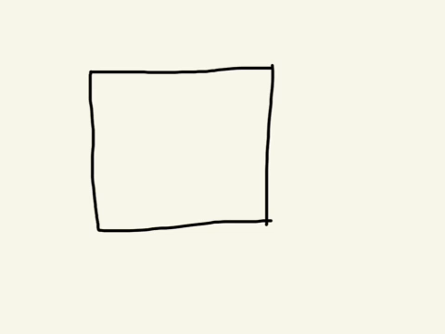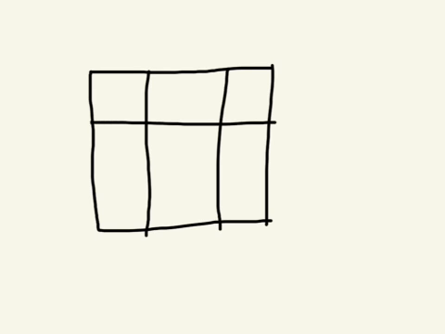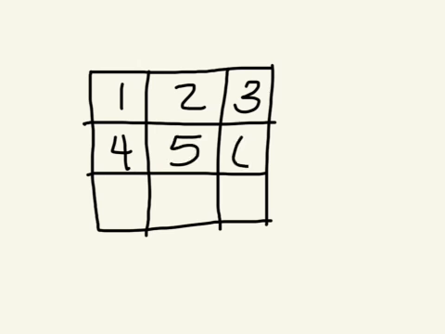So here, if I go ahead and represent this square, I have 1, 2, 3, 4, 5, 6, 7, 8, 9 squares total.